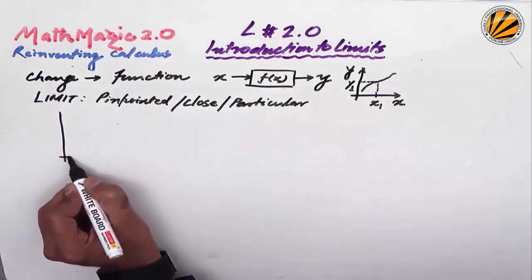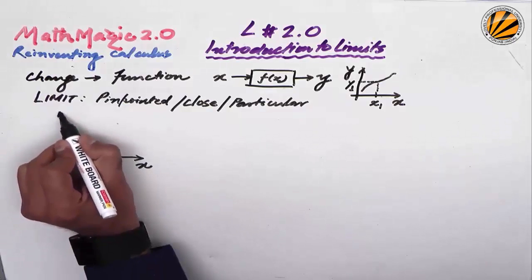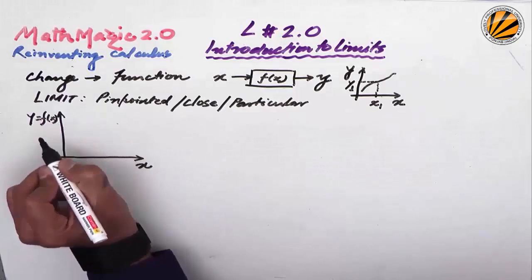Let us look at a wider picture. I've got an input in terms of x and there is an output y which is depicting the output of a function.